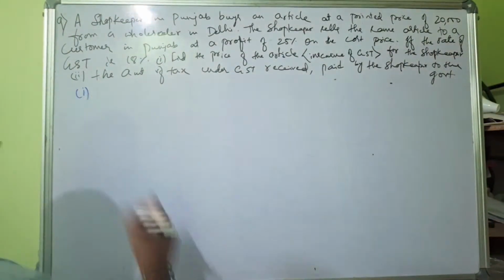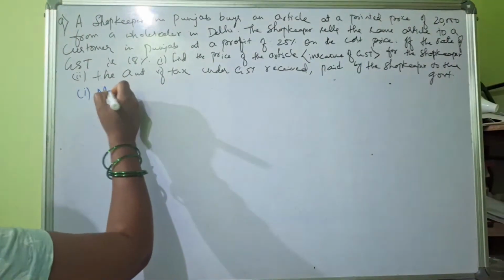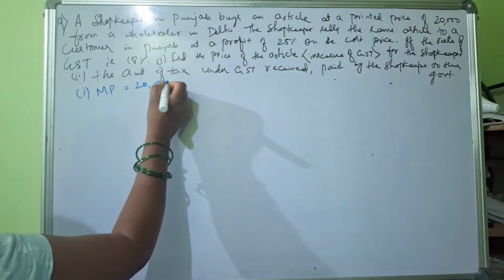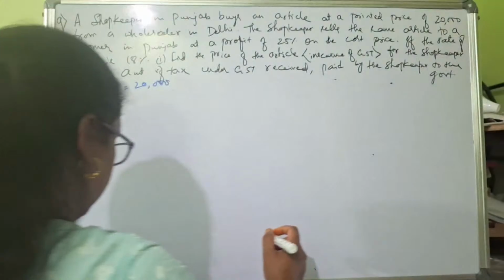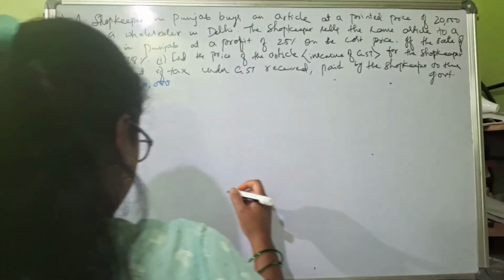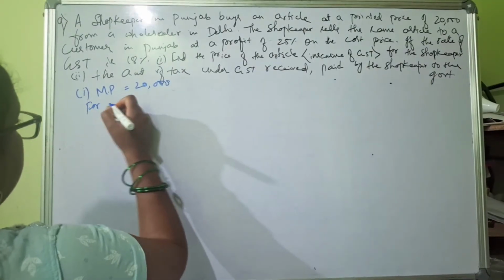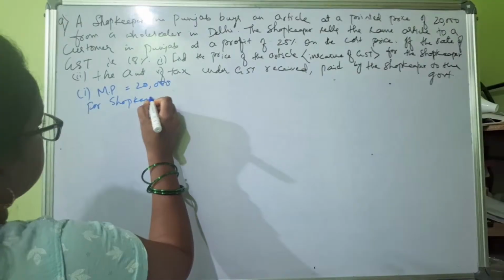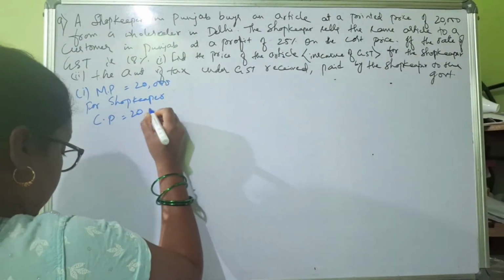So to solve the first question, here the market price is equal to 20,000. So for the shopkeeper, cost price is equal to 20,000.